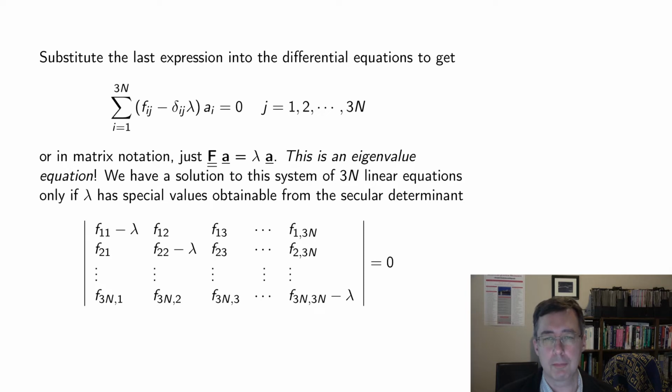Or in other words, if I pick those values of a_i and lambda such that this equation is true, and if I rewrite this as a matrix equation, then in matrix notation I have matrix F, whose elements are just F_ij, times this vector A equals lambda, some number, times vector A again.